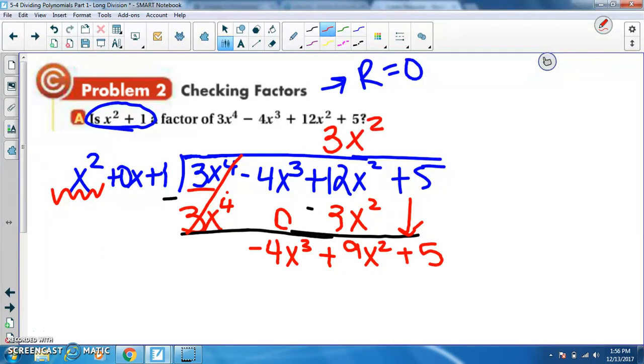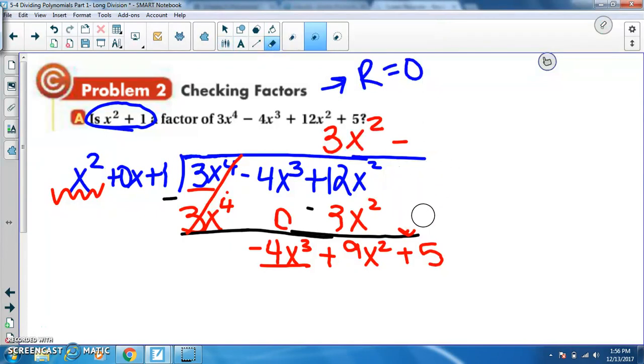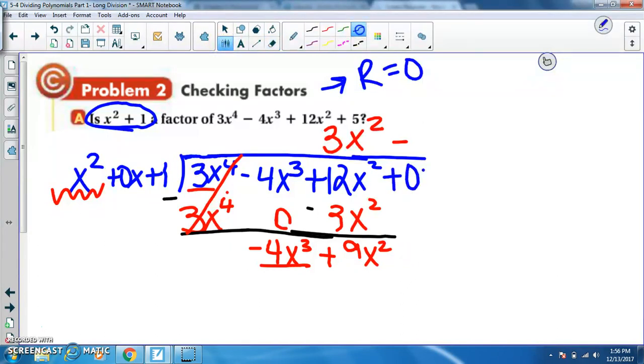And what do we need to multiply x squared by to get negative 4x cubed, which would be negative. Oh, I'm so sorry, I've missed a placeholder. I'm missing the place value of 0x, so I'm going to add that in. And I'm going to bring down 0x here, so that I have plus 0x.